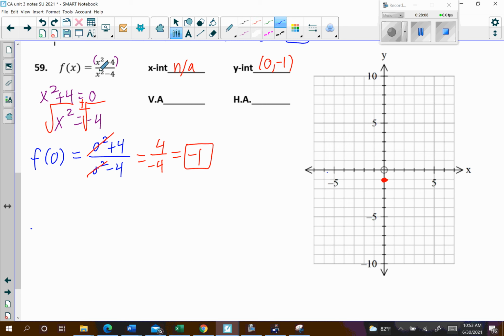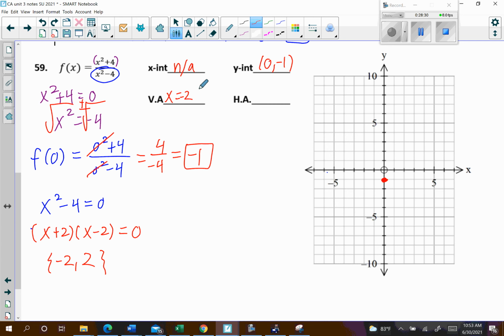Okay, vertical asymptotes, we're going to have 2 of them. So we take the denominator, set that equal to 0, and solve. And so this is the difference of 2 squares. And so we get vertical asymptotes at -2 and at +2.